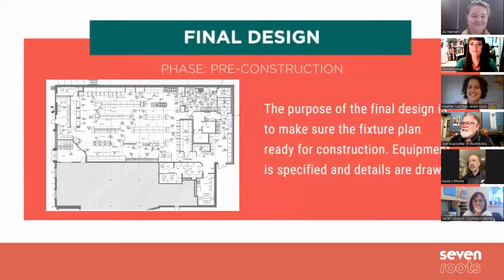In other words, these are the blueprints that we're going to use to build the store now. Once we get here, this is where we're going. And this is what your store is going to look like.